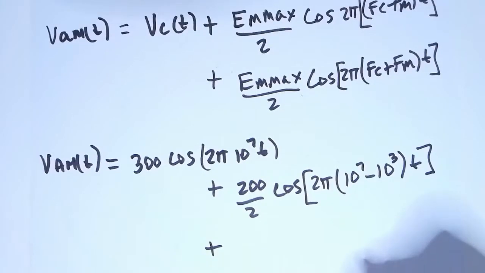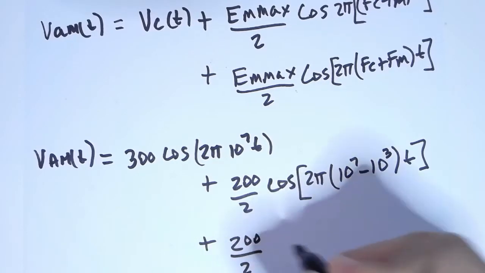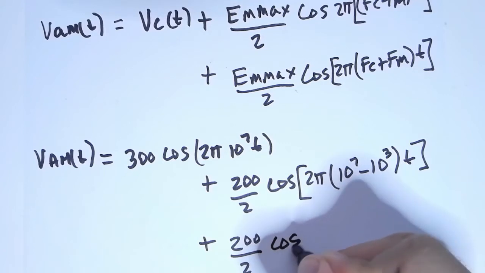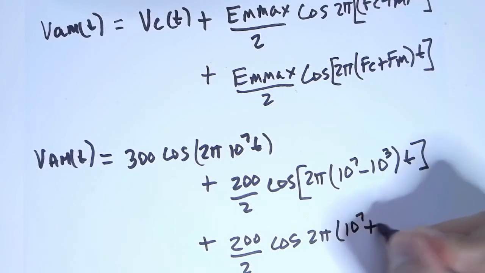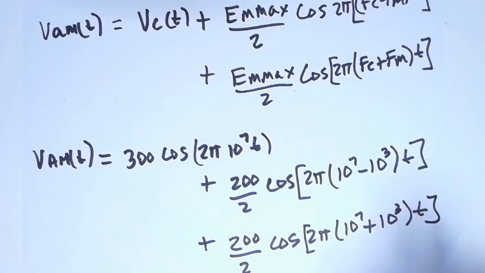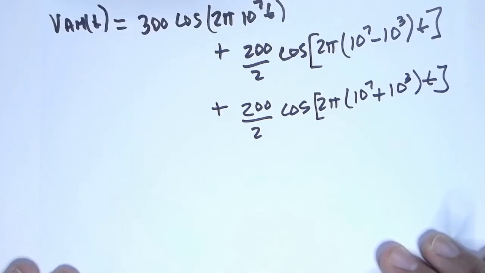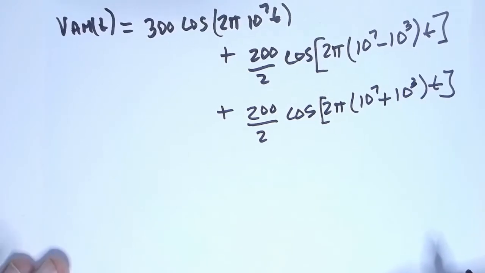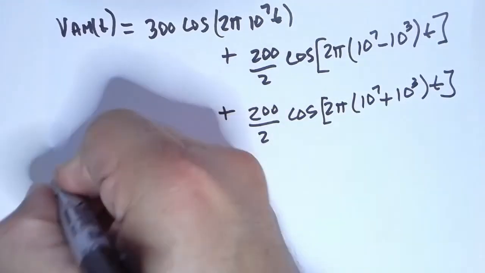Another tone that has a peak voltage of 200 over 2 times cosine of 2 pi of 10 megahertz plus 10 kilohertz. Okay, and we can now solve, give the more precise values here, simplify the expression a little bit.